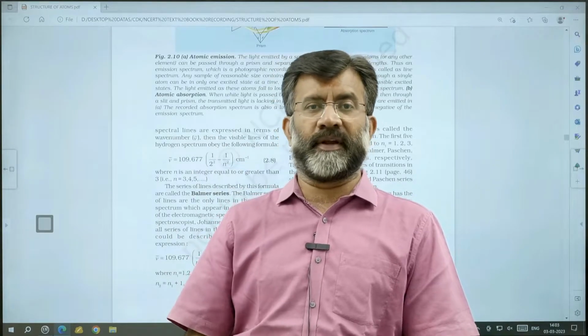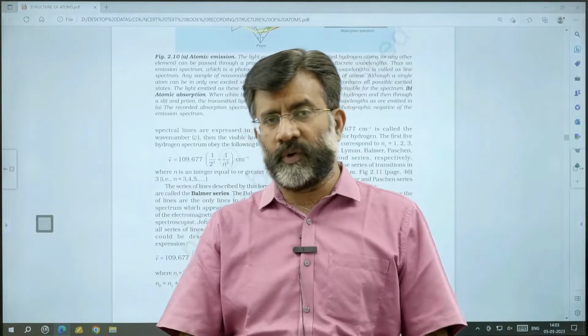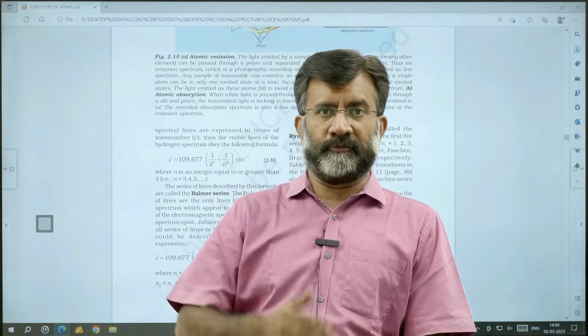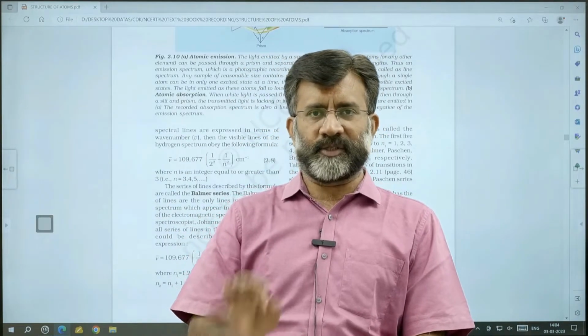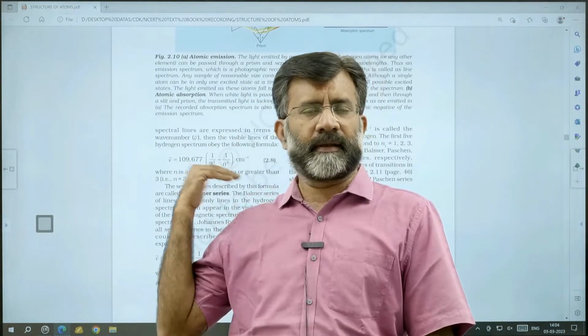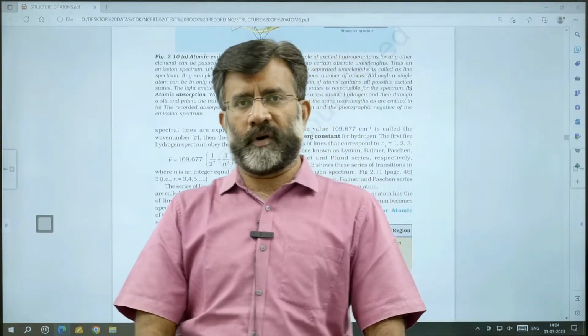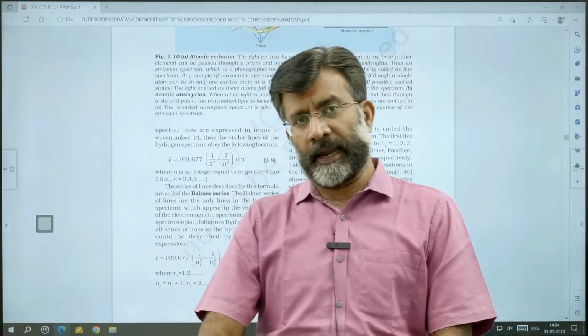When new elements are discovered, they are identified based on a database we already have. Compared with this, we check for a new element's existence based on their spectroscopic analysis. This kind of observation done for different elements, we call atomic spectra, spectroscopy.